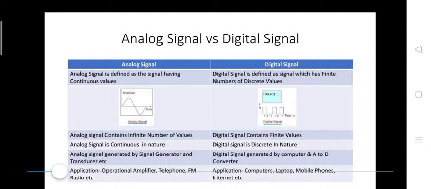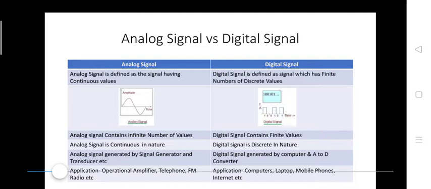But if we observe digital signal, it contains only finite values. That is, if you observe first entry and last entry of waveform, in between these two values, we have 0010, which is finite values.